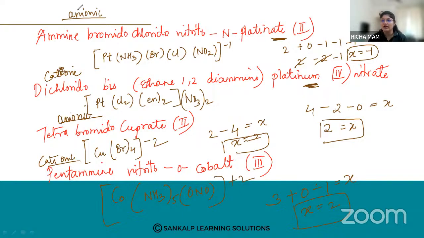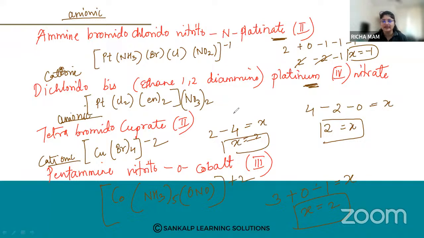So this completes your IUPAC nomenclature. Okay, so I have tried to solve all the types. We have discussed the rules, then we have discussed how to write the cationic complex, anionic complex, when you have both, and also how to write the formulas.